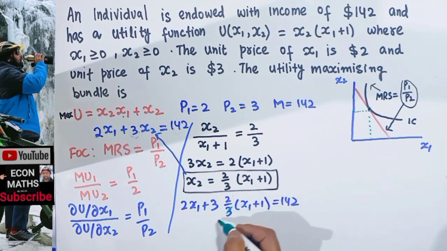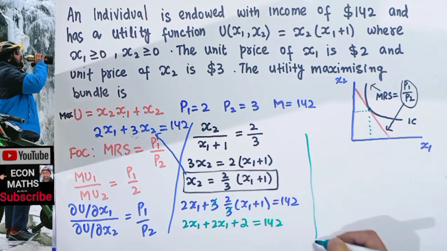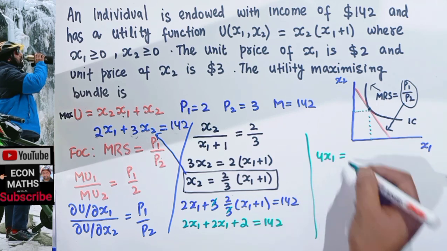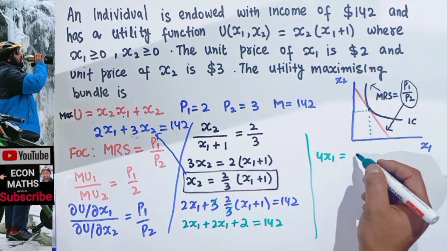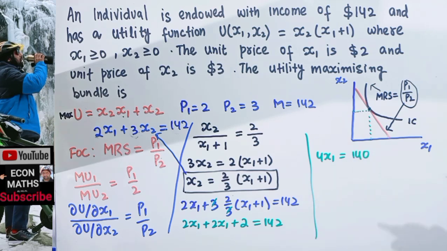That implies 3 and 3 get cancelled. We get 2x1 plus 2 times x1 plus 1, 2 ones are 2, should be equal to 142, which implies 4x1 is equal to, transposing 2 it will get subtracted from 142, so we will be left with 140 only.